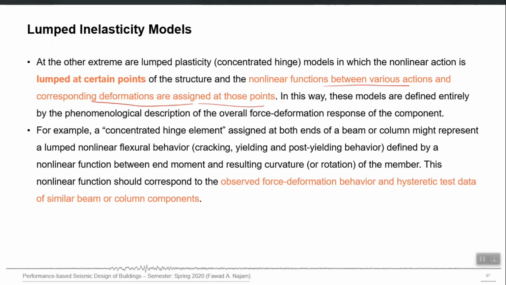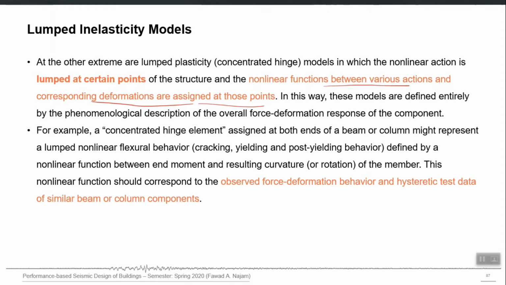If there is a beam, I can select 2 or 3 points in that beam, and I say that now I will control the moment versus rotation behavior at these 2 or 3 points, right? So I'll give my own behavior input in the program, and the program will follow that behavior. I can define that at this particular point the beam's yield capacity is this much.